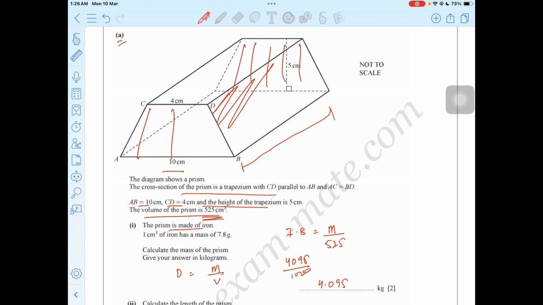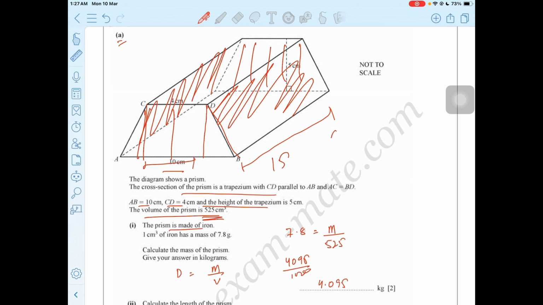Now we need to cover this face and then this face, right? We have our length as 15, and this is basically what we have to calculate, right? So this would be something like this. This is 4, and the leftover is 6. So this 6 would be divided by 2, so this would be 3, right? This is 5.